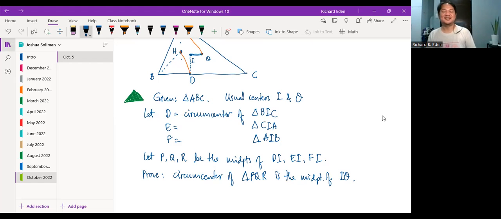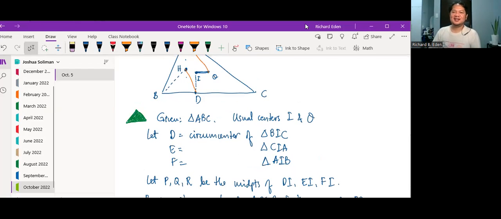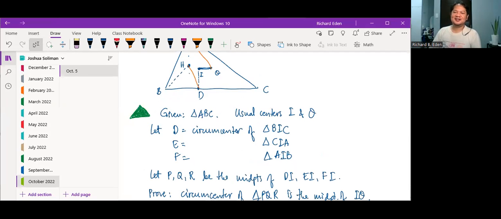Also, you have three collinear points. There must be a name for this because it's the midpoint of I and O. All right, I'm going to let you figure this out and draw it on your own. I'm sure you could draw it. Of course you do. You're going to have fun.